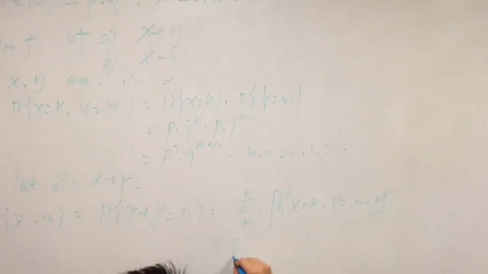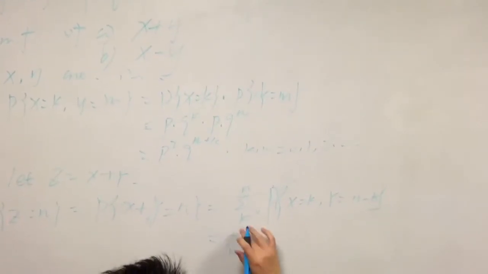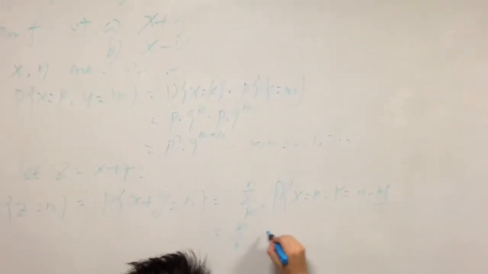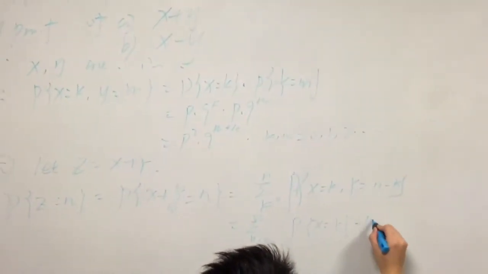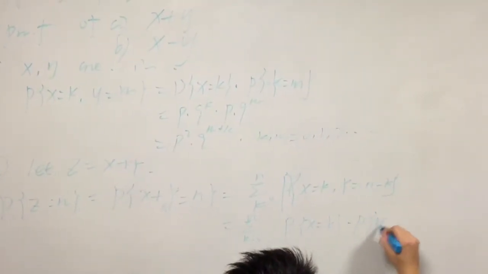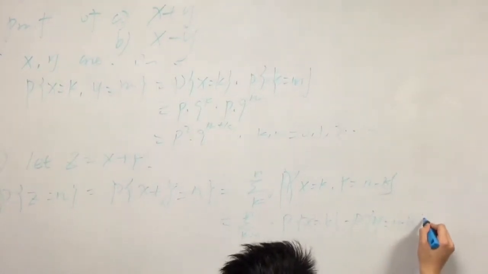Since they are independent, we can write the sum from 0 to n of P(X = k) times P(Y = n minus k).